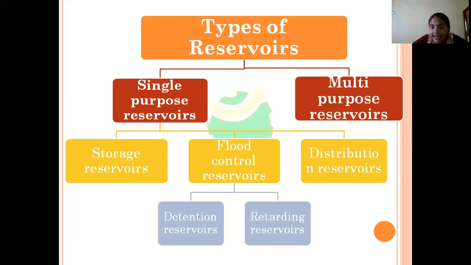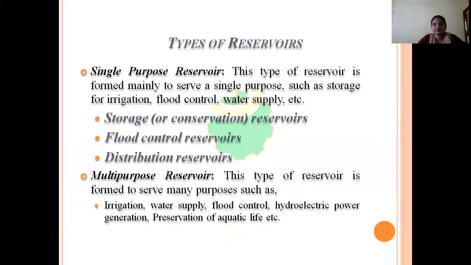Again, flood control reservoirs are divided into two types: detention reservoirs and retarding reservoirs. That means flood control reservoirs with gates and without gates. Now we will go through each type in detail.